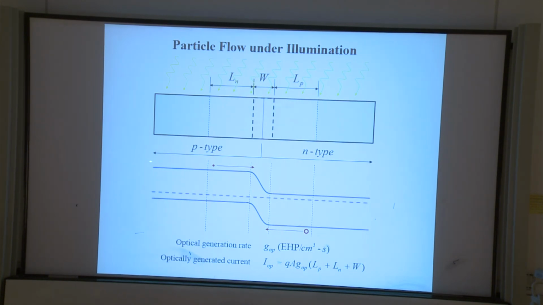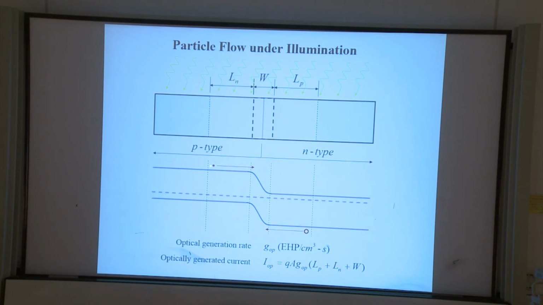So even though we are not biased, they still have a very small field. Even though we say there's hardly any field, actually there's still a field. We are not biasing it, but there's still a little bit of field going to this side.